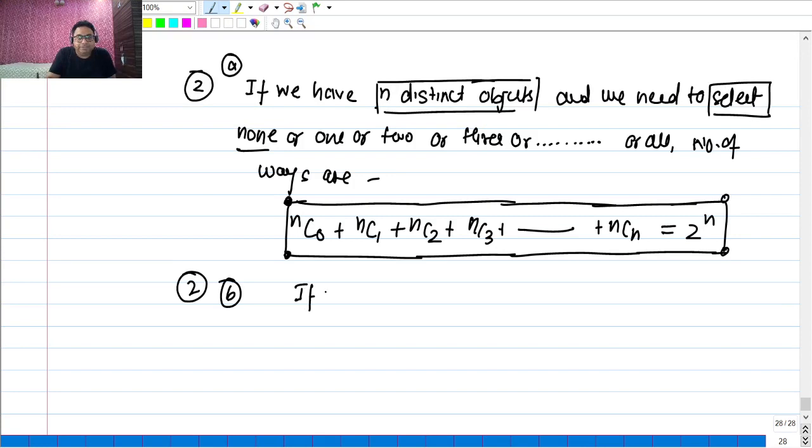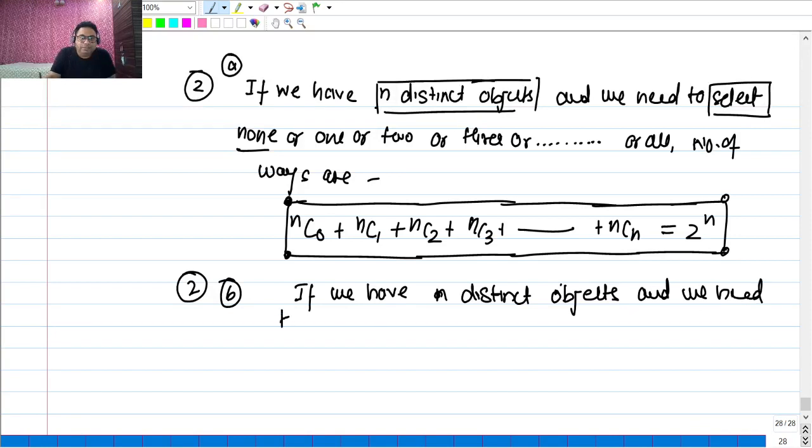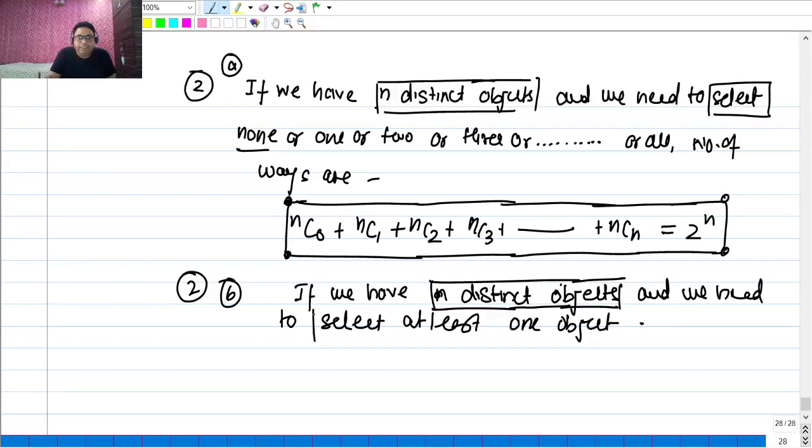So, if we have n distinct objects and we need to select at least one object. Again, n distinct objects and we need to select at least one object.